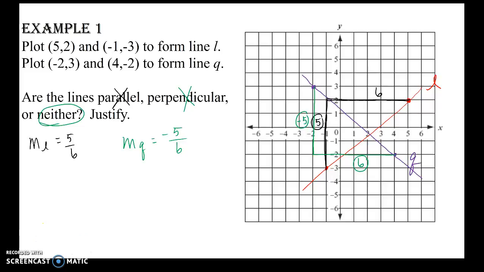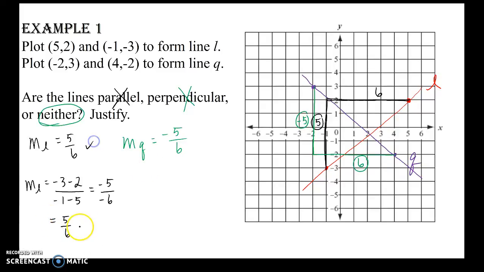Now remember how we find the slope of a line connecting 2 points, what our formula for that is. So let's verify that using our slope formula. So the slope of line L, change in your y values, so -3 minus 2 divided by -1 minus 5. That gives me -5 divided by -6, and I know that my two negatives divide to a positive.